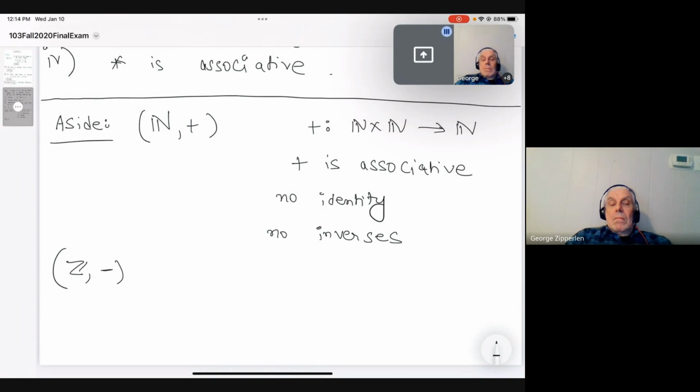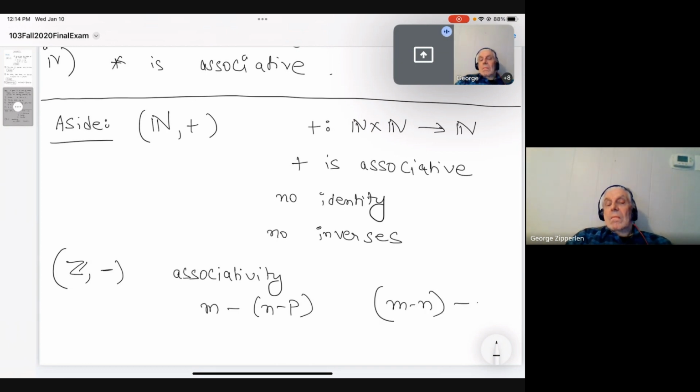But what don't I have in this? Let's see. So what about associativity? If I take three numbers, let's say M, N, P, then is it true that really the order does not matter?